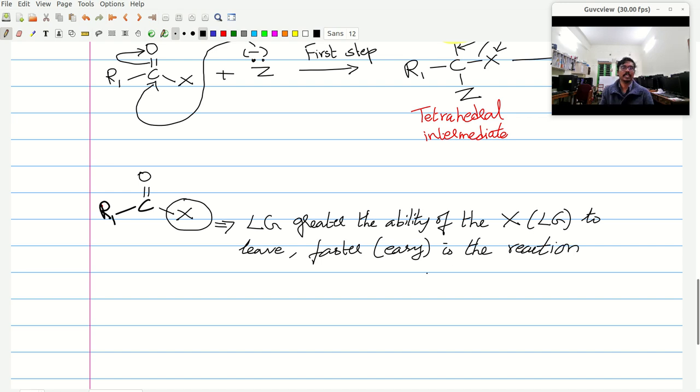So we have seen in our previous class that carbonyl compounds can be classified into aldehydes, ketones, acids or derivatives of acids. Now we will look at which derivative or which carbonyl compound reacts faster and which carbonyl compounds are least reactive with respect to nucleophilic acyl substitution reaction.